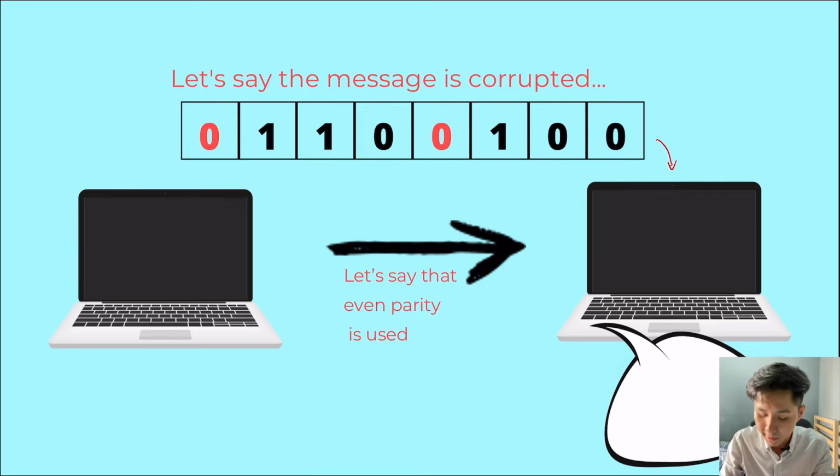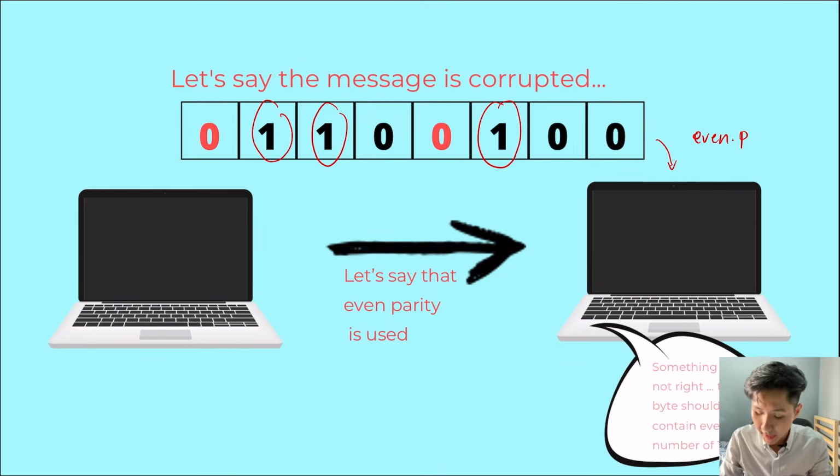The receiving computer receives this byte of data. It knows that even parity is used, and therefore it will calculate whether the byte contains an even number of ones, and it will count 1, 2, 3, and it only got 3 1 bits here. Immediately the receiving computer will know that something is not right, the byte should contain an even number of ones.